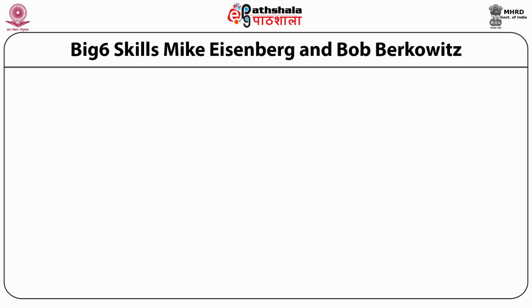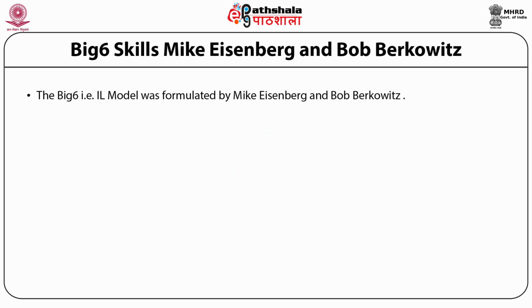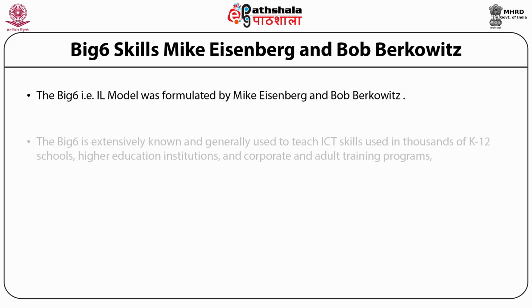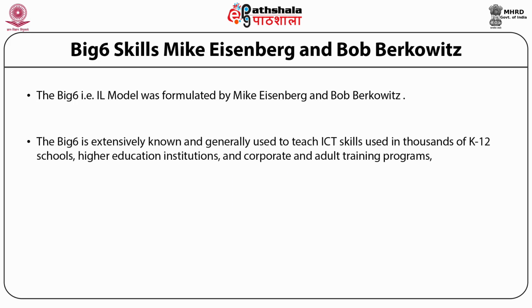Big Six Skills. This model was developed by Mike Eisenberg and Bob Berkowitz. The Big Six is extensively known and generally used to teach ICT skills in thousands of K-12 schools, higher education institutions, and corporate and adult training programs.